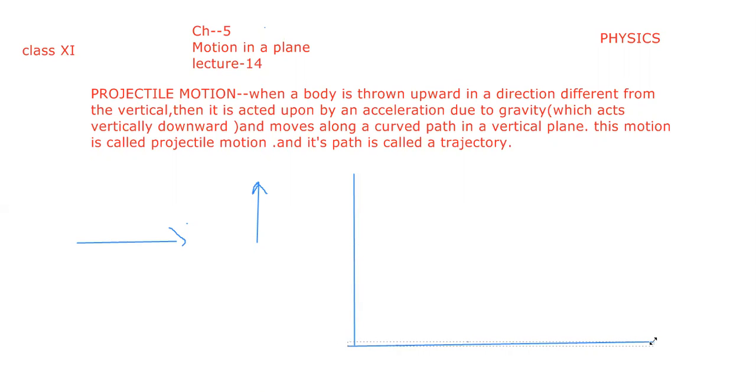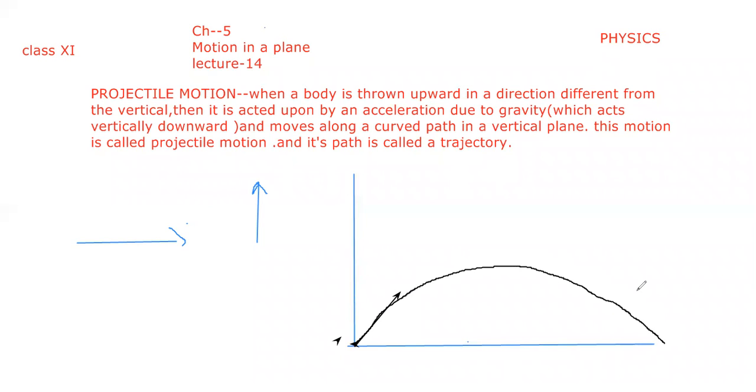If a body is thrown at an angle theta from the horizontal, after some time the path of the projectile motion is like this.